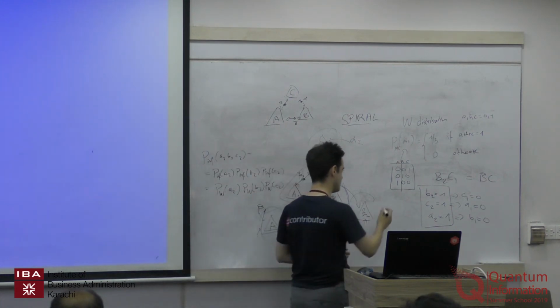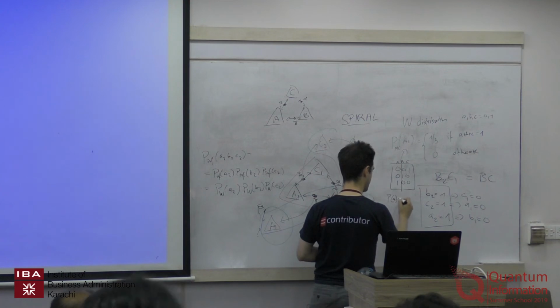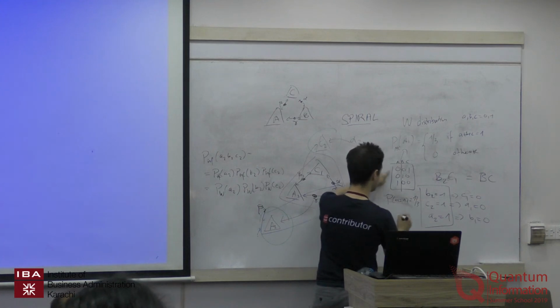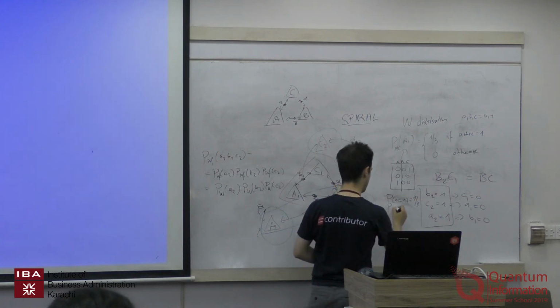Now if I look at the marginal of, let's say, just P of A equal to 1, P of A equal 1 has probability 1/3. And P of A equal to 0 has probability 2/3.